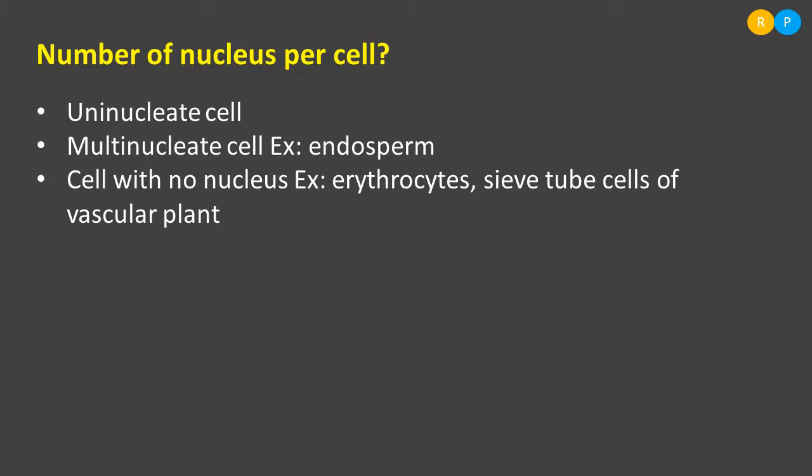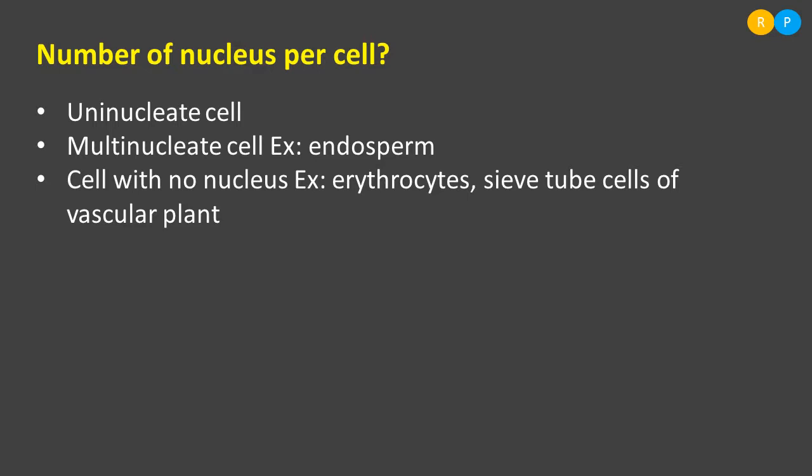And one more example we have for an enucleate cell is the sieve tube cell. It is a type of cell that can be seen in the phloem of angiosperms. Phloem is a food conducting tissue. Clear? So the sieve tube cell is one of the cells found in phloem. So this is also an example of an enucleated cell. There is no nucleus in this cell. So erythrocytes and sieve tube cells are the best examples of enucleated cells.